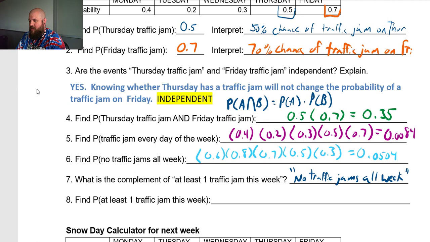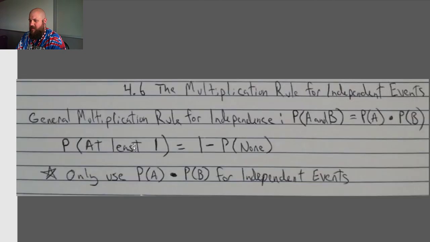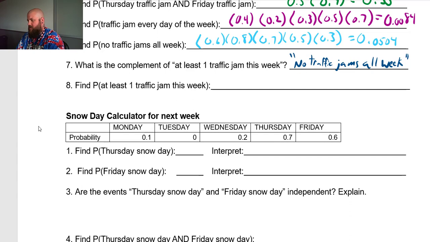Well, this goes into that equation we were looking at in our big ideas. The probability of at least 1 is equal to 1 minus the probability of none.